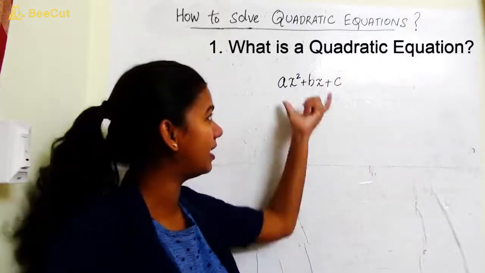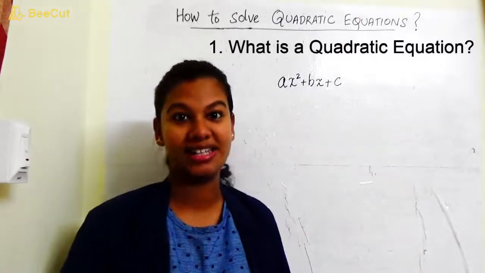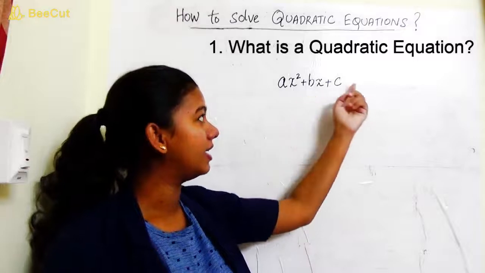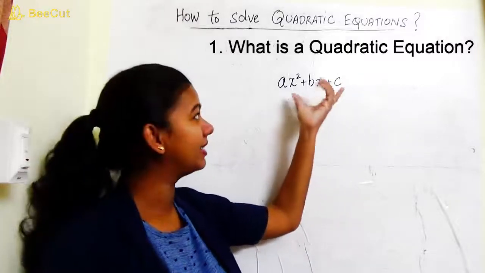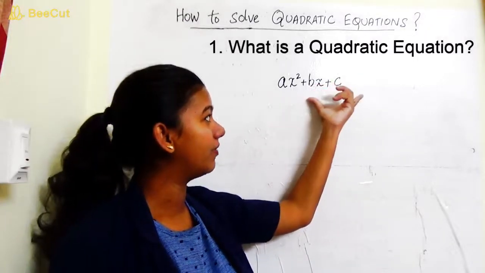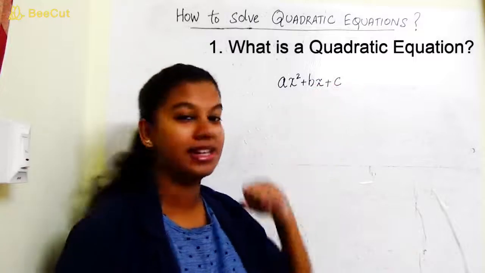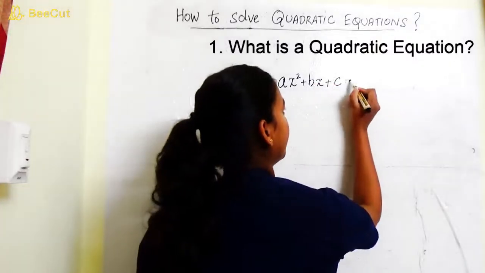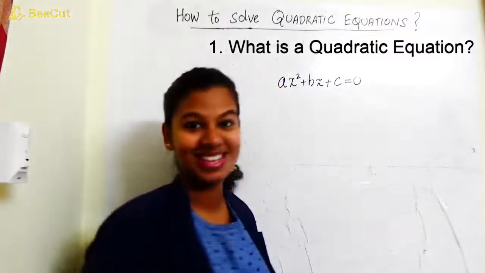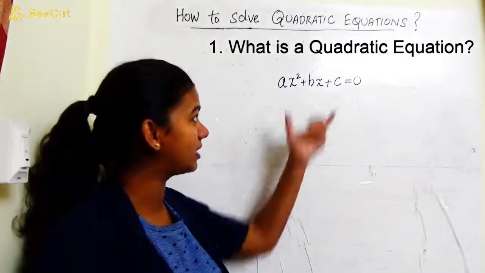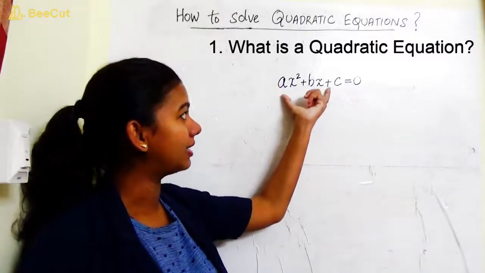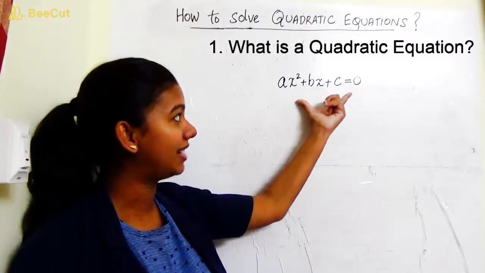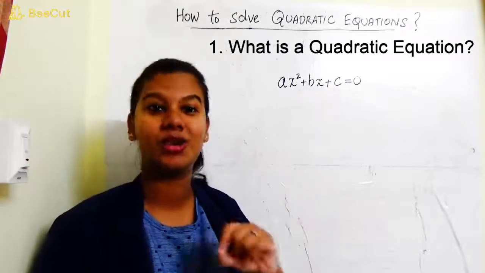So if we add an equality sign equal to a value, then this polynomial will become an equation. What I am going to do is put equal to 0. This part is a quadratic polynomial. If I put equal to 0, this format is a quadratic equation.